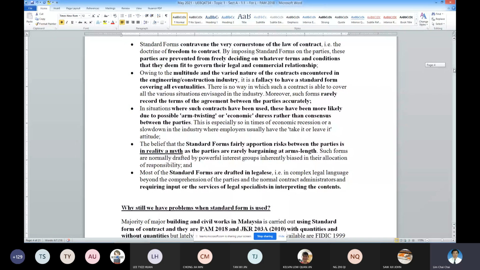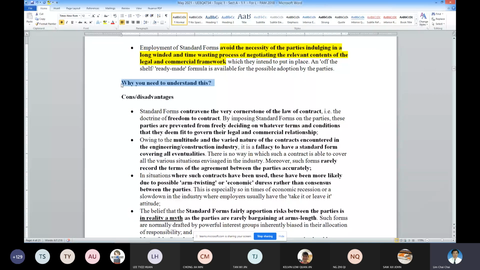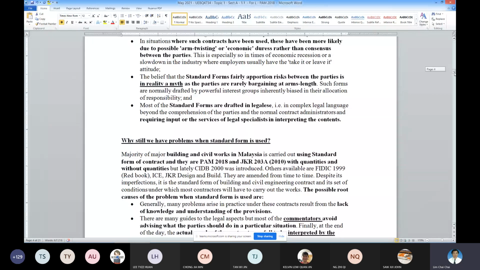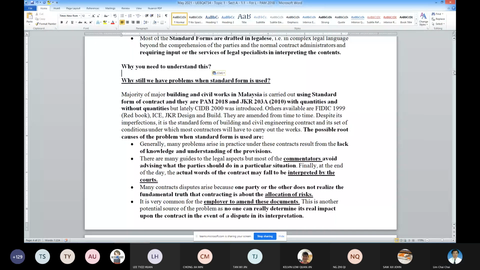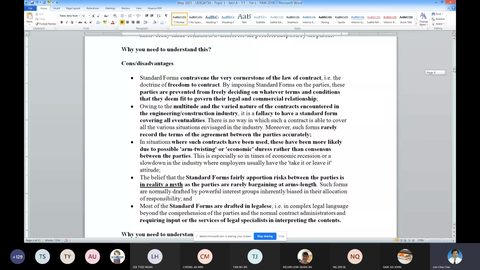You need to know the disadvantages. So what are the disadvantages? Number one, there's a possibility the standard form is actually in conflict with the basic law of contract. The standard form is imposed by the parties drafting it, so there is no freedom to contract.